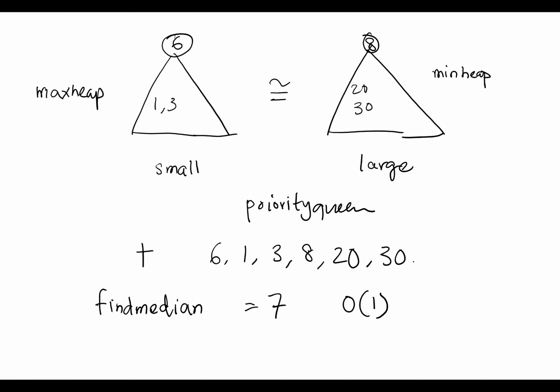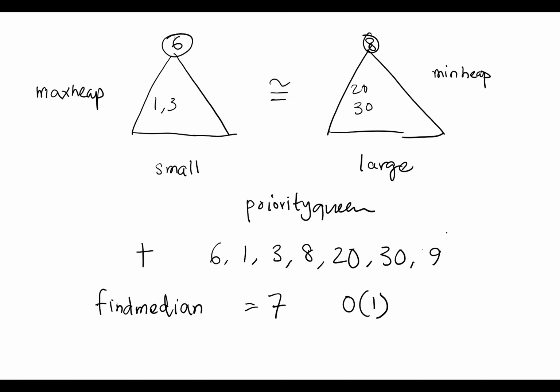Let's say we have to add, okay, so here is one thing. All the time, we may not have an even number of numbers, right? So instead of 7, let's add 9, okay?